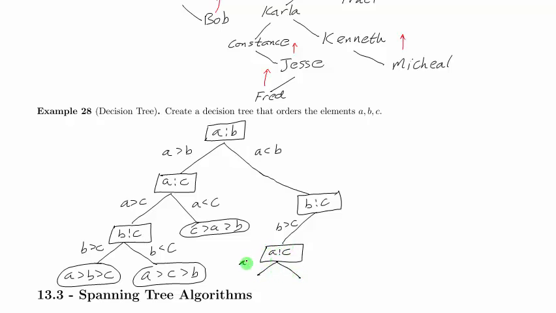If A is greater than C, then we have enough information to completely order them. A is greater than C, and we know that B is greater than A here. So we're going to have B as the largest, then A, then C.